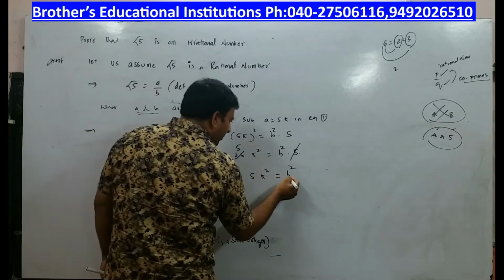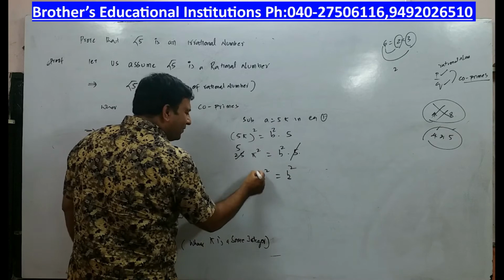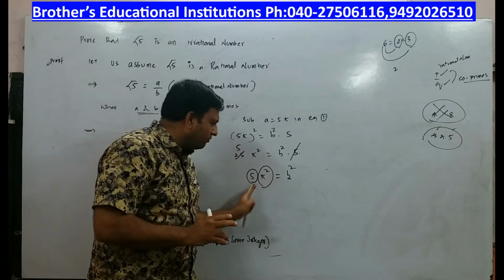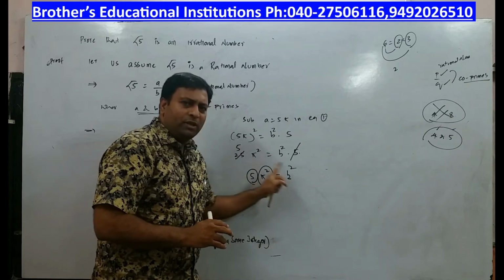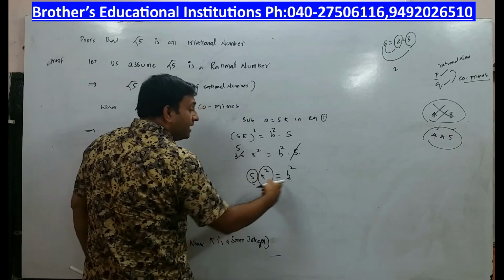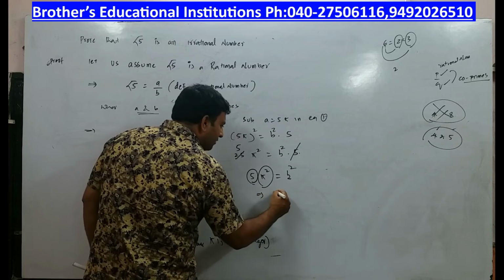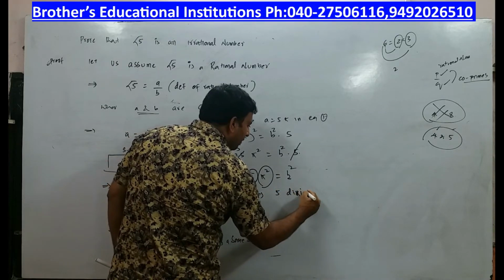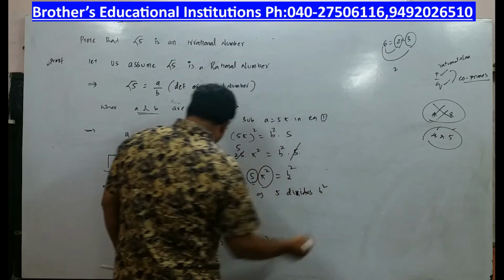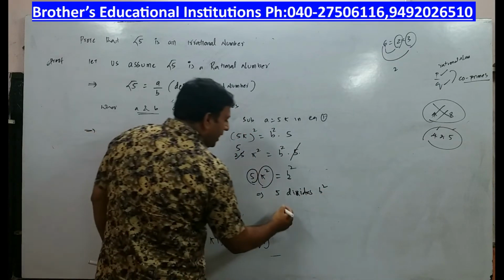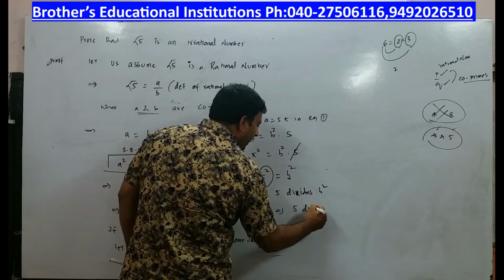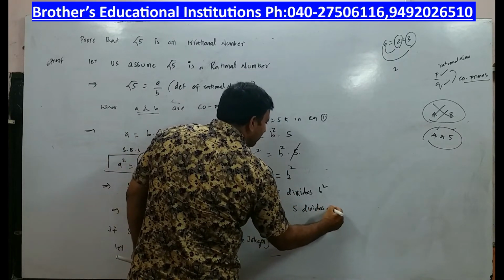What am I getting? I am getting b square as a product of two factors. 5 is a factor, k square is a factor. So 5 is a factor of b square, which implies 5 divides b square, and if 5 divides b square, I can also write 5 divides b.